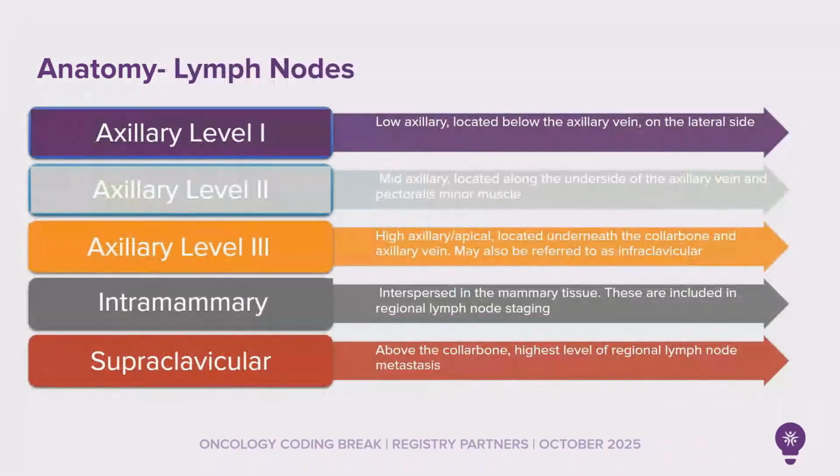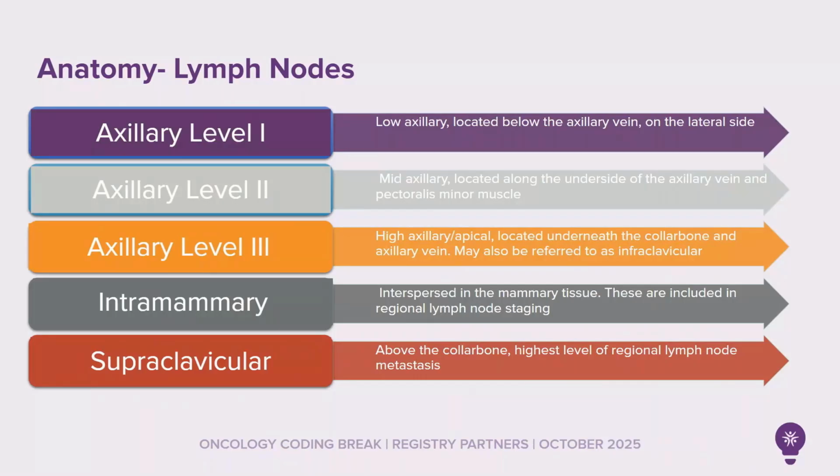Lymphatic drainage from the breast is directed primarily to the axillary lymph nodes. Per AJCC, there are 3 levels of axillary nodes. Level 1 contains the low axillary nodes. These are located below the axillary vein on the lateral side. Level 2 is the mid-axillary nodes. These are located under the axillary vein and the pectoralis minor muscle.